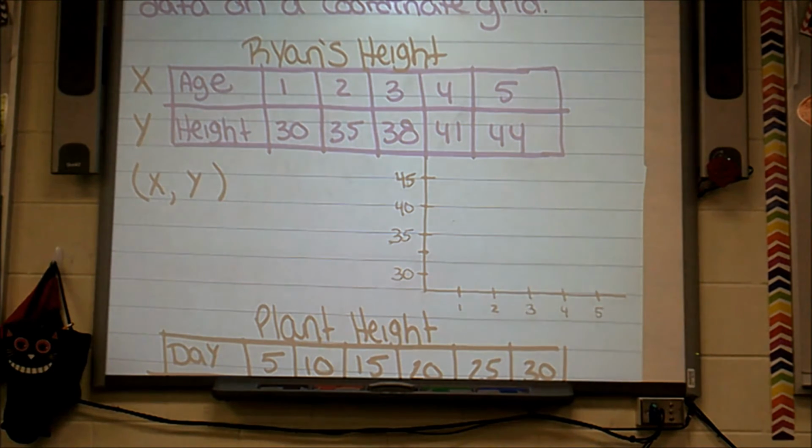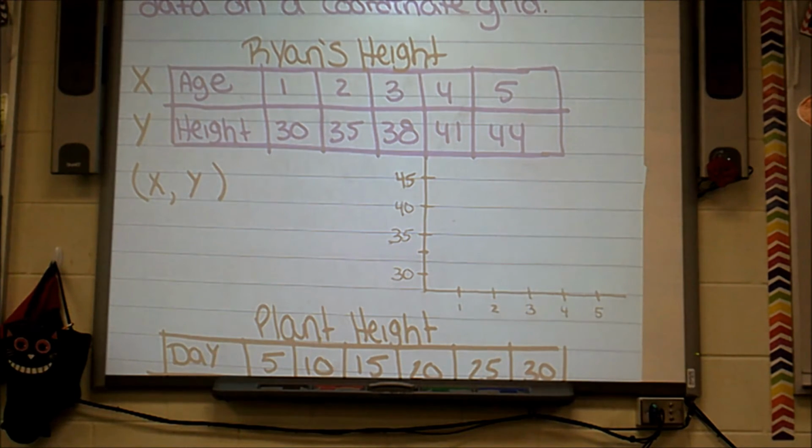So according to my data chart here, at the age of 1, Ryan was 30 inches tall. At the age of 2, he was 35 inches tall, 3, 38 inches tall, 4, 41, and 5, 44. We're going to use this data to make ordered pairs.